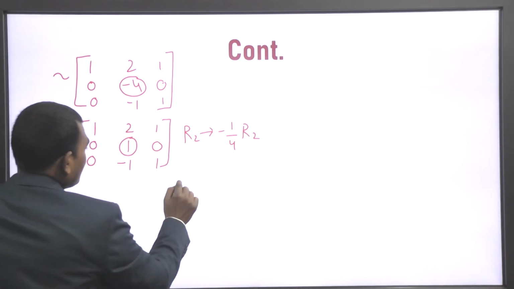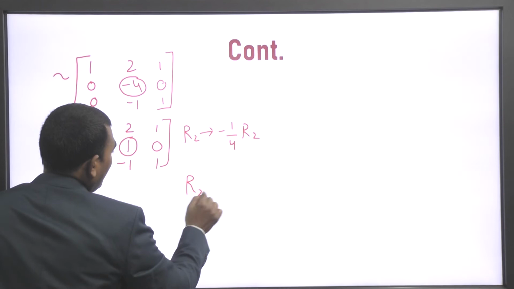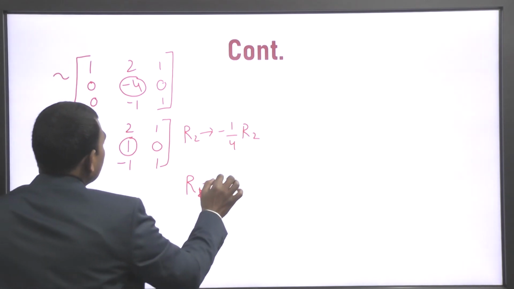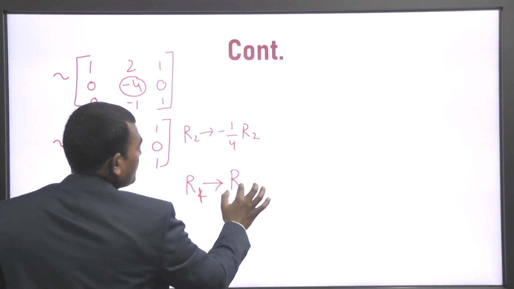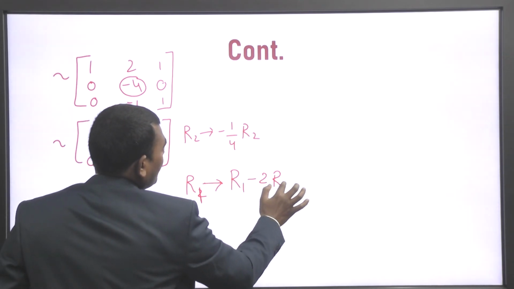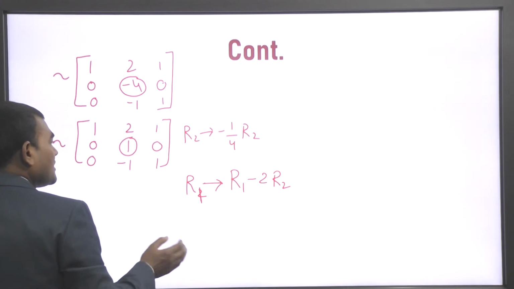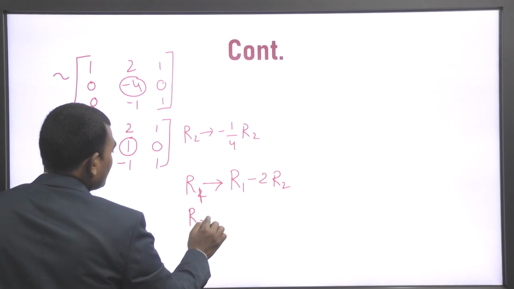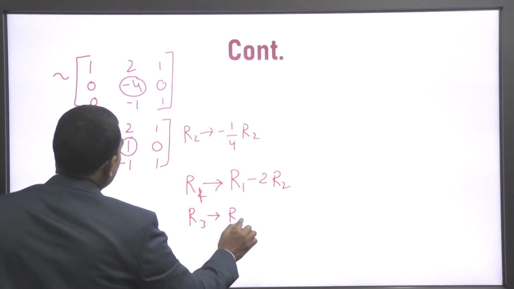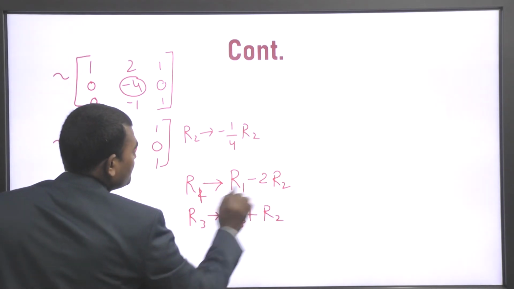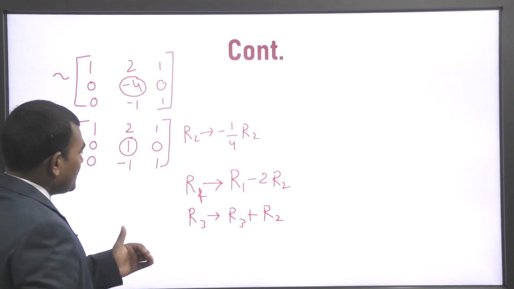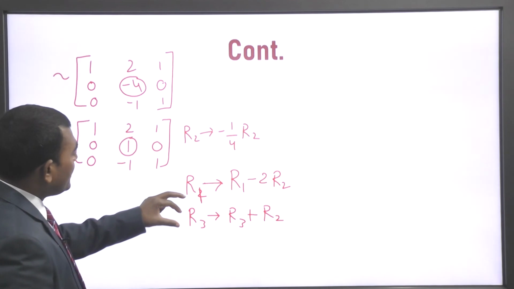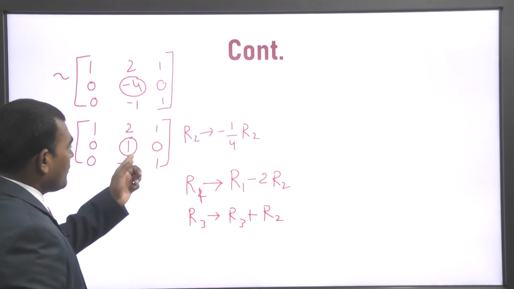Then we change R1 by R1 minus 2 R2, and at the same time we can change the third row also, R3 will be changed by R3 plus R2. Remember, when you change R1, you cannot apply any operation on R1 again after changing it.